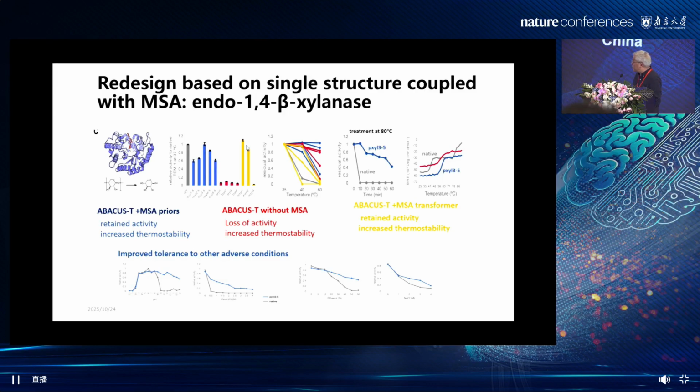This is endo-beta xylanase. We applied ABACUS-T without the MSA information, and we get the results in red. This is the activity, and we see significant loss of activity. But if we incorporate the MSA information, from a few tested proteins we get proteins with wild-type activity.